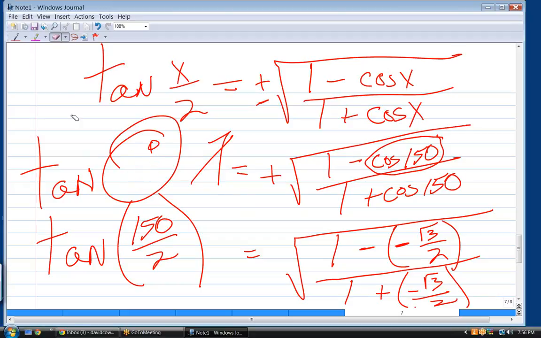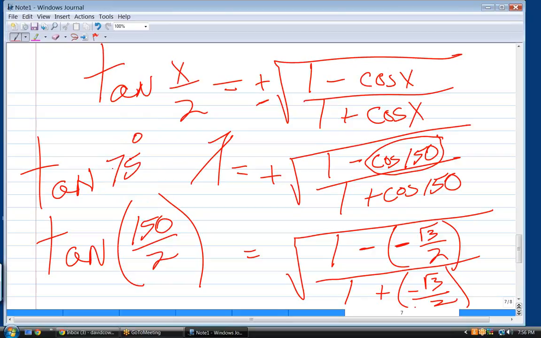In other words, if I made this be 30, then x is going to be 60 divided by 2. Or 30 degrees would be represented as 60 divided by 2. I wouldn't need to do that for the tangent of 30 because I know what that is. But I didn't know what the tangent of 75 was.